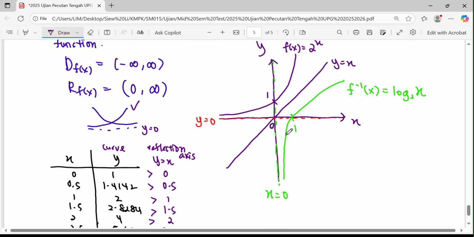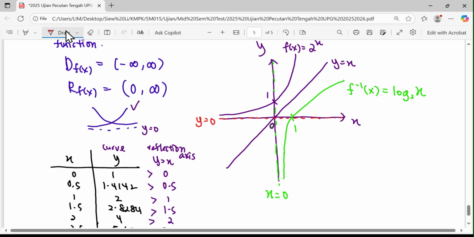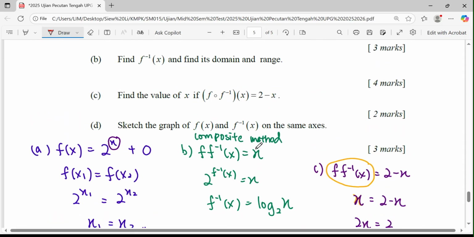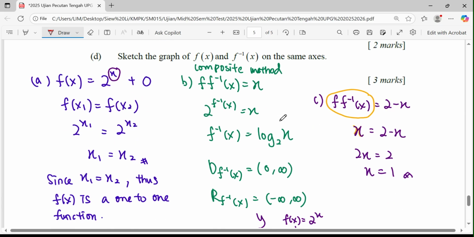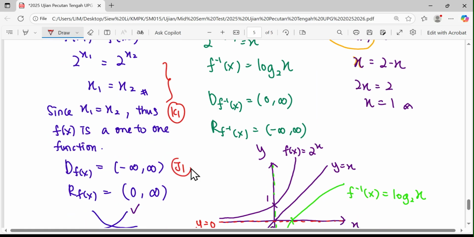Alright, so this is our last question here. In our last question, how are we going to score this? We have 12 marks here. The first is how you show this is a one-to-one function and get the domain and range.